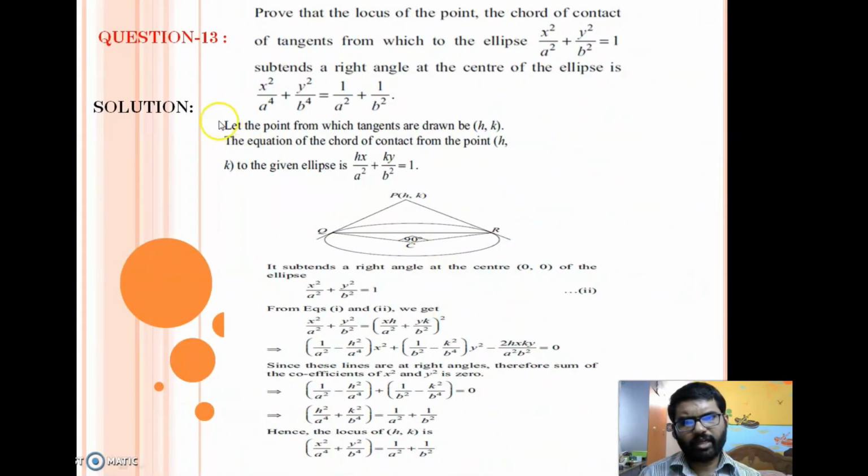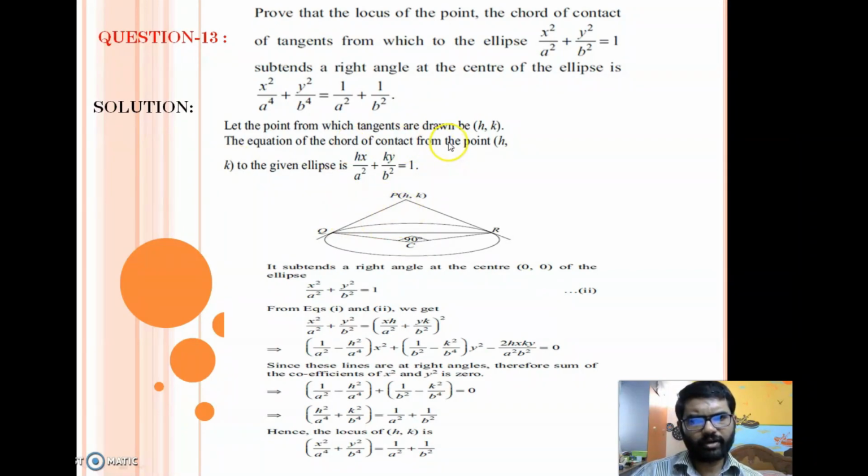Next, question number 13. Prove that the locus of the point, the chord of contact of tangents from which to the ellipse subtends a right angle at the center of the ellipse, is this one. We need to calculate that locus. Now see, this is the ellipse equation, and any point on the locus you take as h comma k.